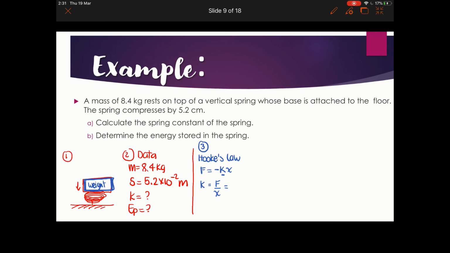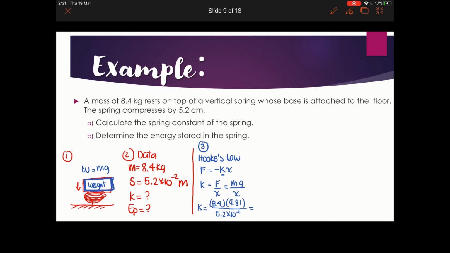So weight is, we know, mass times the acceleration due to gravity, and that weight is a force. So I'm going to write here mass times gravity over the displacement. So the constant is going to be 8.4 kilograms times 9.81 divided by 5.2 times 10 to the minus 2.